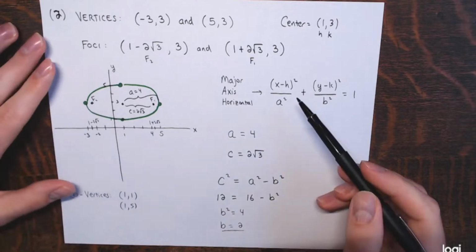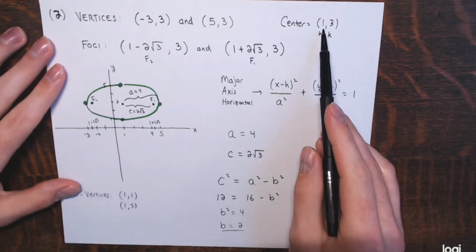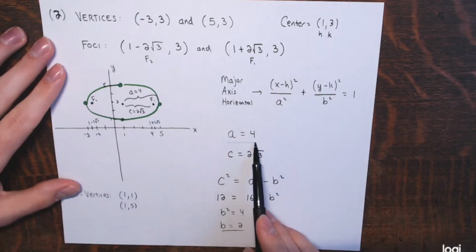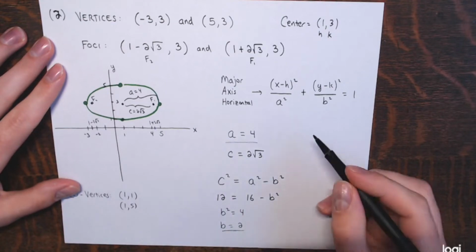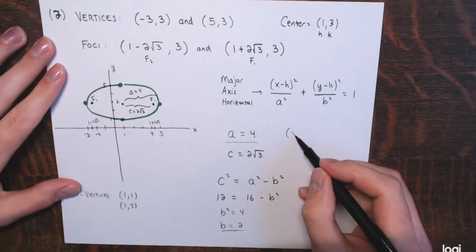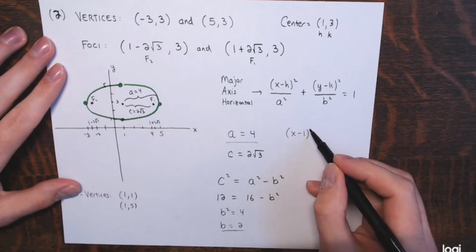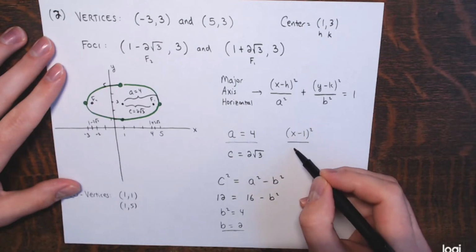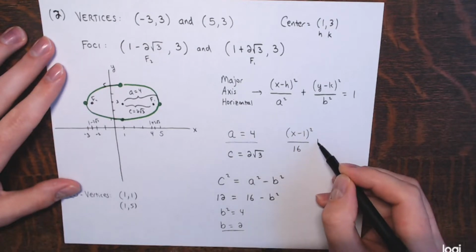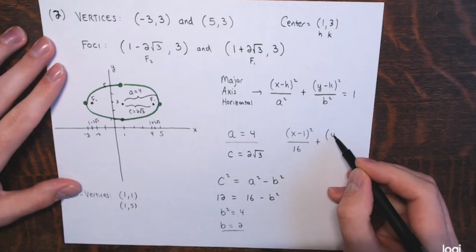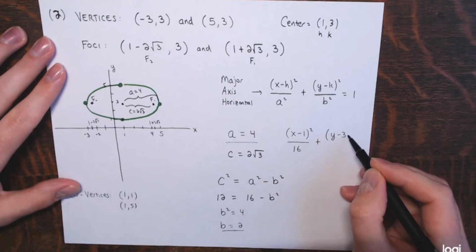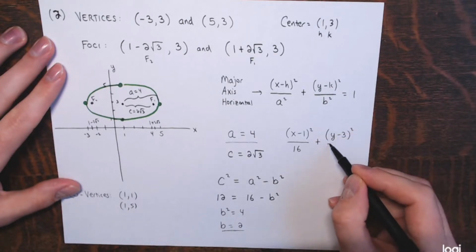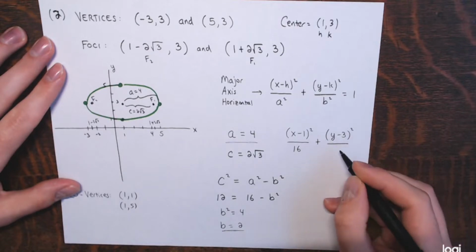Again, it's not perfect, not a great hand drawing. And now my equation. h is 1, k is 3, a is 4, and b is 2. So we have (x minus 1) squared divided by a squared, which would be 16, plus (y minus 3) squared divided by b squared, 2 squared, which is 4, equals 1.